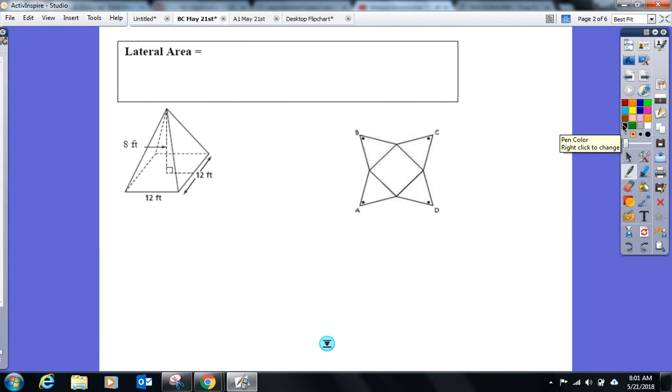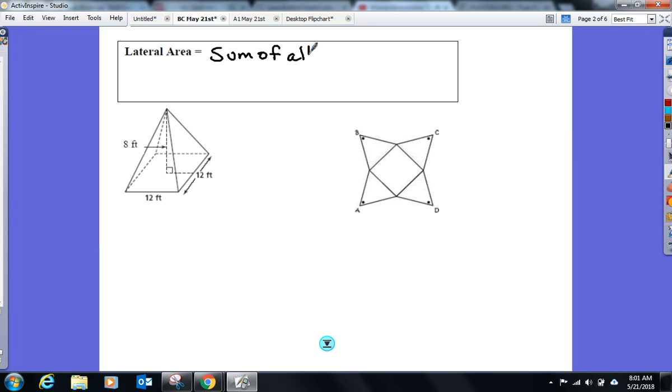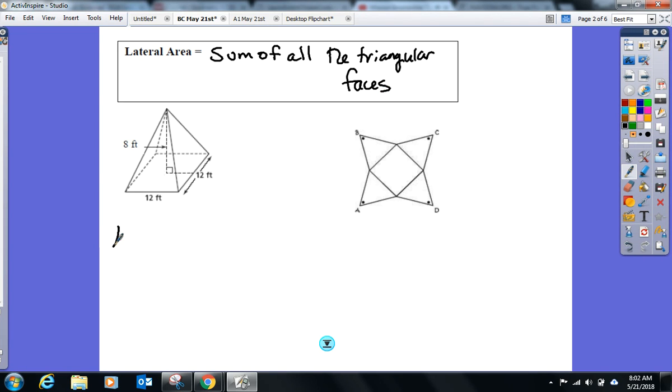So here we go, lateral area. That's the sum of all the triangular faces. First one, take a look at my pyramid, lateral area.